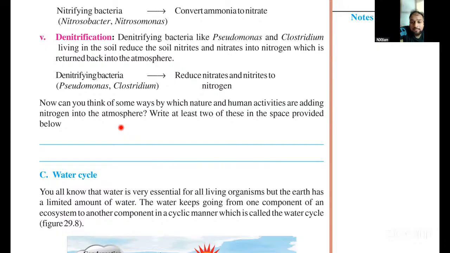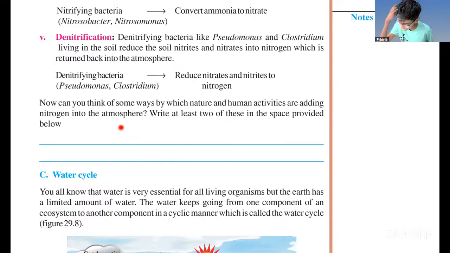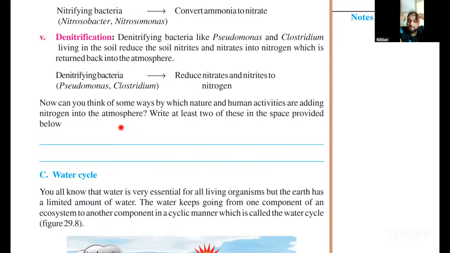Sir, in the denitrification part, the Pseudomonas and Clostridium convert the nitrites and nitrates to N2, atmospheric nitrogen. Because if all that atmospheric nitrogen is converted to nitrates and nitrites, then the N2 percentage will be reduced.